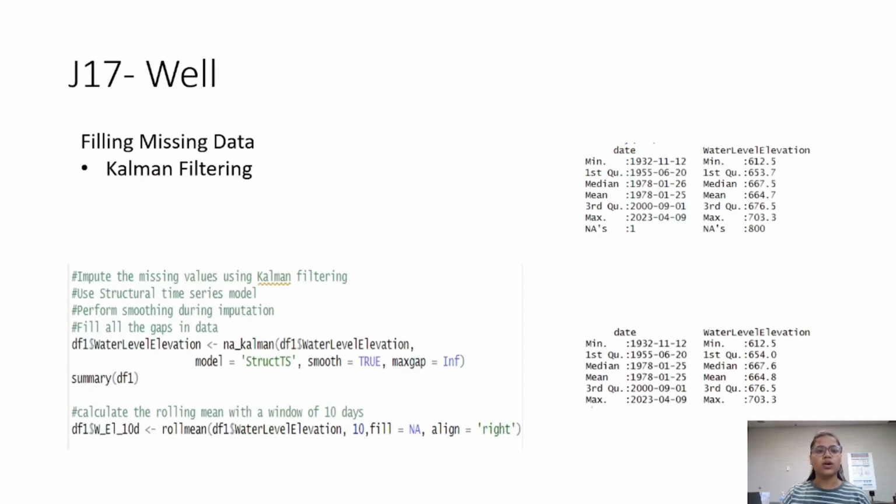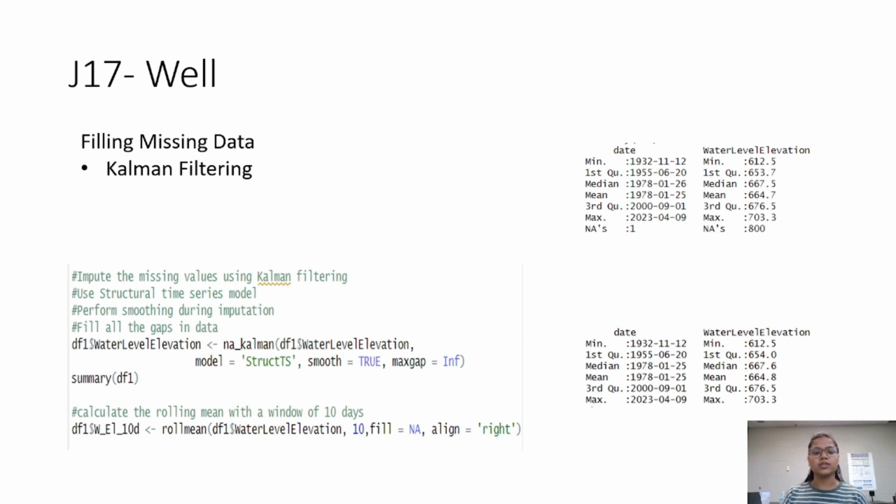After that, I checked if the data has any missing values, and there were 800 NA values. To fill them, I used Kalman filtering.